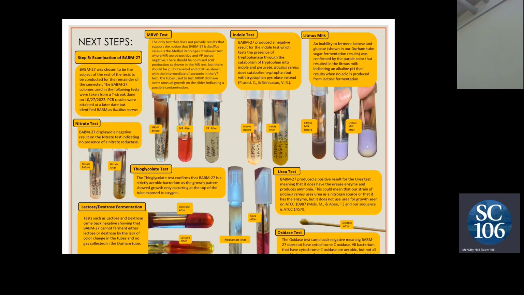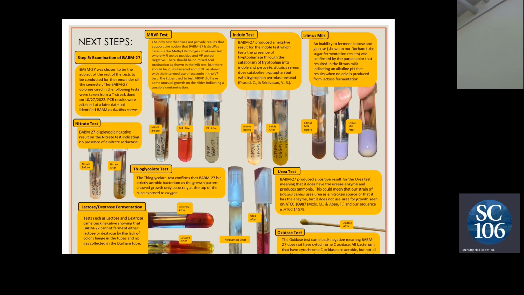Our urea test, interestingly enough, came back positive, showing that our bacteria has the urease enzyme, also demonstrating an area of potential research because we're unsure if our bacteria uses urease as a source of nitrogen, or if it just has it for other unknown reasons.